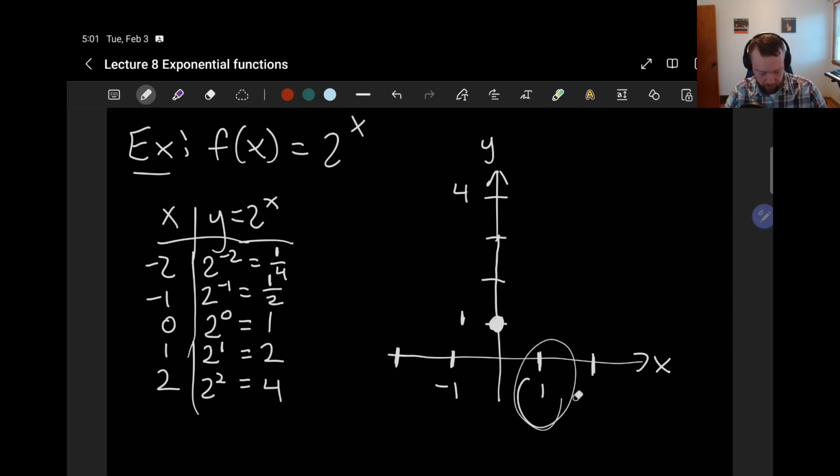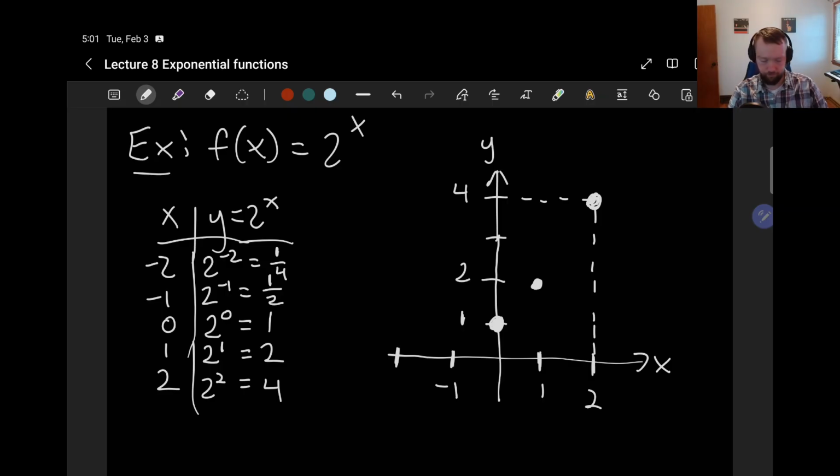And I plug in 1, then my y value is 2 to the 1, or 2, so we're at a height of 2. And I plug in 2 for x, I get a y value of 4. So we plot a point right there. Now when I plug in -1, I get a height of 1/2. And then half of that next, 1/4. And that's enough to start connecting the dots.